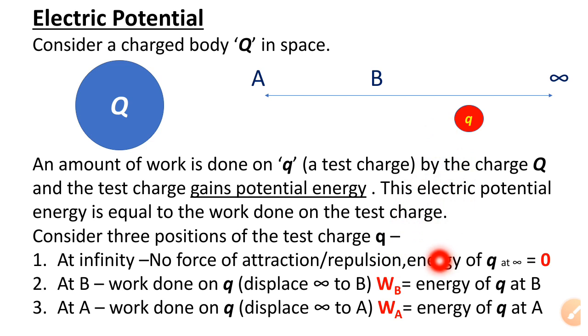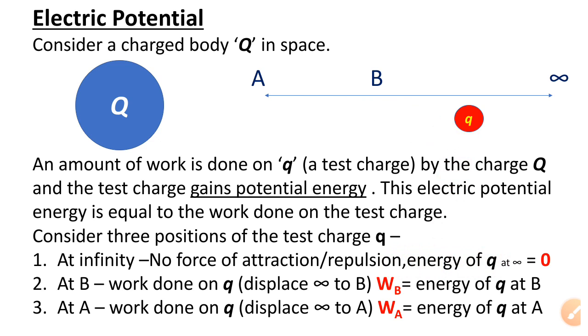So the energy of the test charge q at the point B is equal to WB, the work done on the test charge by the charge Q to bring it up to the point B. When it is brought from infinity to B, there is some displacement and some force, so some work is done, and this work done is stored as electrical potential energy for this test charge. So the energy of the charge at B is equal to WB, that is the work done.